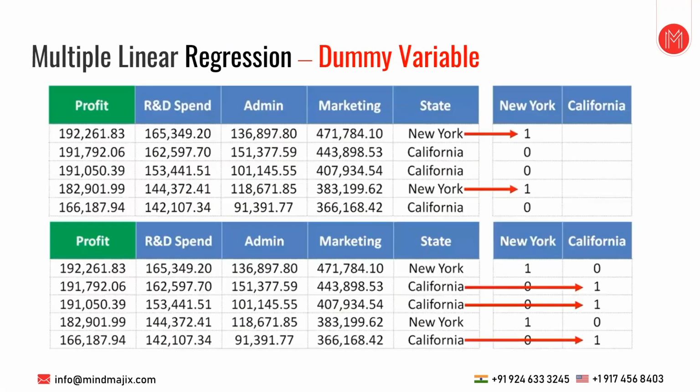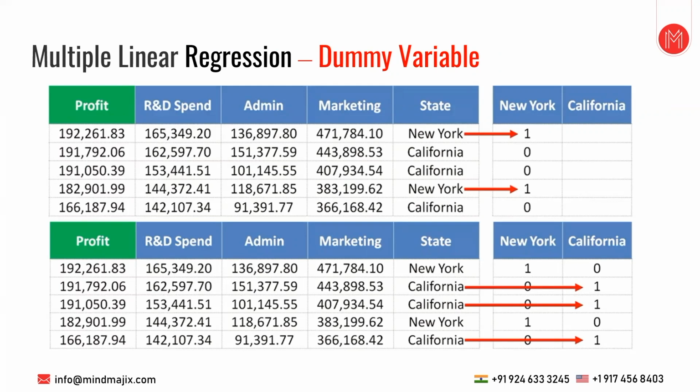In a dummy variable, we continue the process of one hot encoding. In statistics and econometrics, particularly in regression analysis, a dummy variable is one that takes only the value 0 or 1 to indicate the absence or presence of some categorical effect that may be expected to shift the outcome. So from this table, based upon New York and California, we should create a dummy variable.